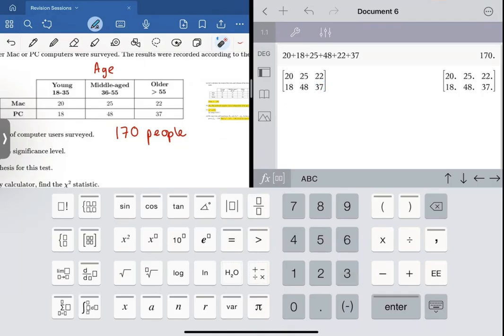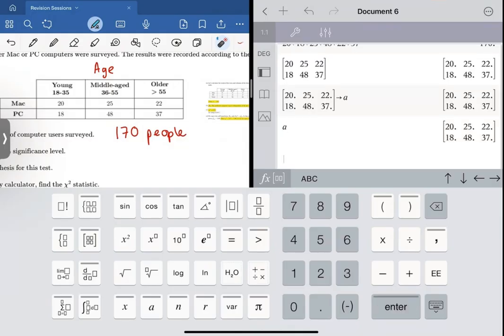Enter. And we need to store that. So I am going to store that as matrix A. So if I enter that, and if I type A again, it should return that matrix for me. So it's really important that we do store it, because when in a moment we do the test, our calculator is going to need to know which matrix to refer to.